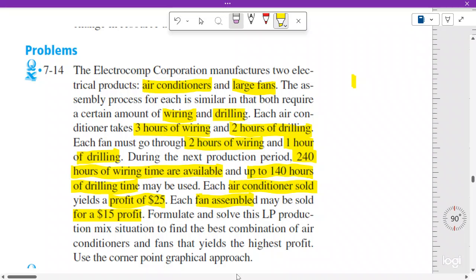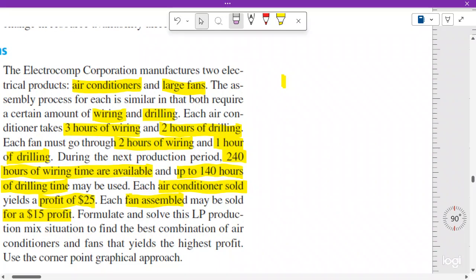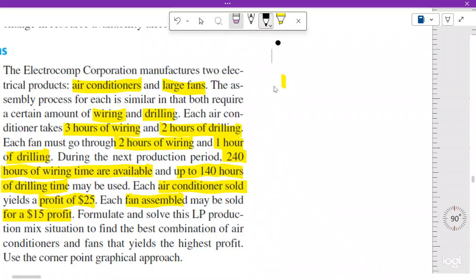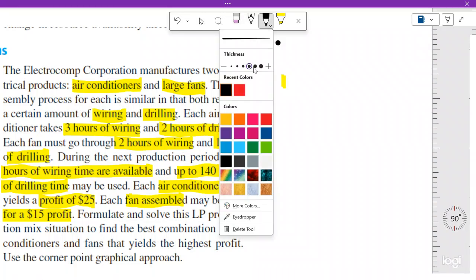So now you can start by differentiating the two products with a simple letter, for your own understanding and to avoid any confusion.